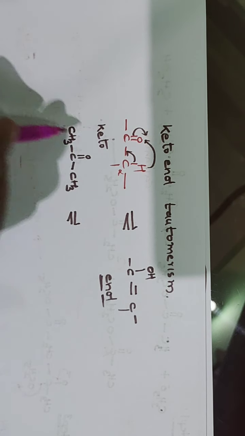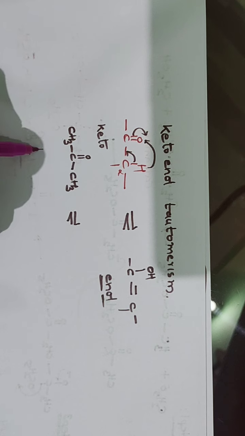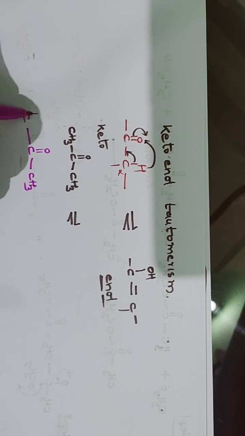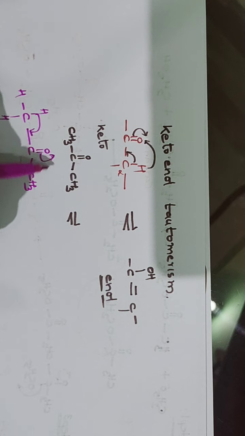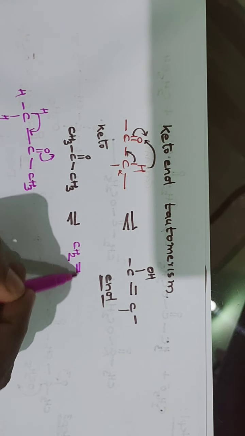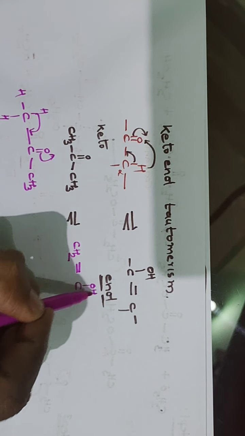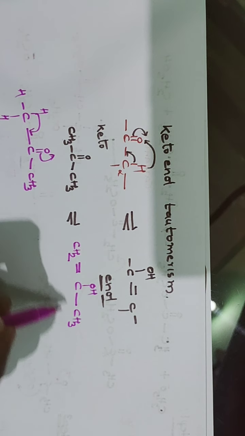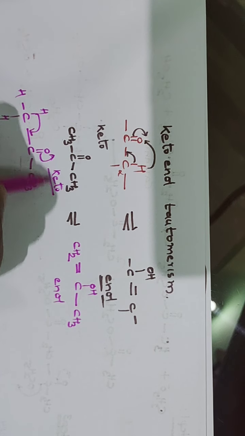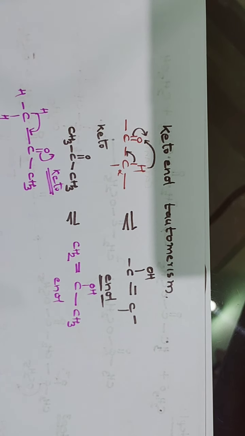So this is what you are going to get: C double bond O is there, we have CH3, we have the CH. This will move here and this will move there. So you get CH2 double bond C OH CH3. This is the enol form. Generally, the keto form is more stable than the enol form.